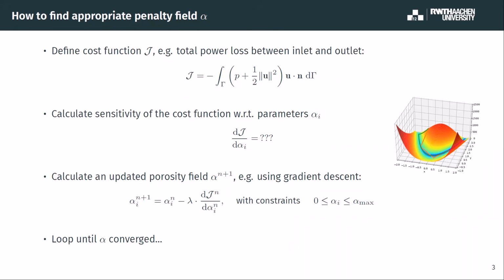And then if you have such a gradient, you can do some classical optimization. We usually just do a really dumb steepest descent and go in the descent direction to hopefully make the cost function better. And then you do that iteratively until it's converged.